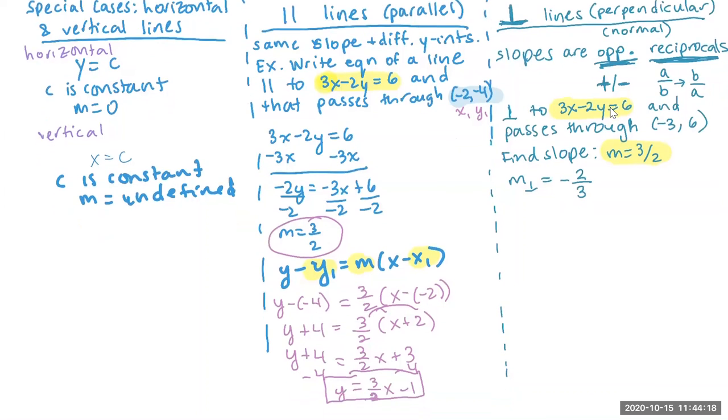Okay, so then what we do is we use this slope along with the coordinate point that was provided as our x1, y1. Can I have you guys go ahead and write out the point slope form, and then double check your answer with mine.